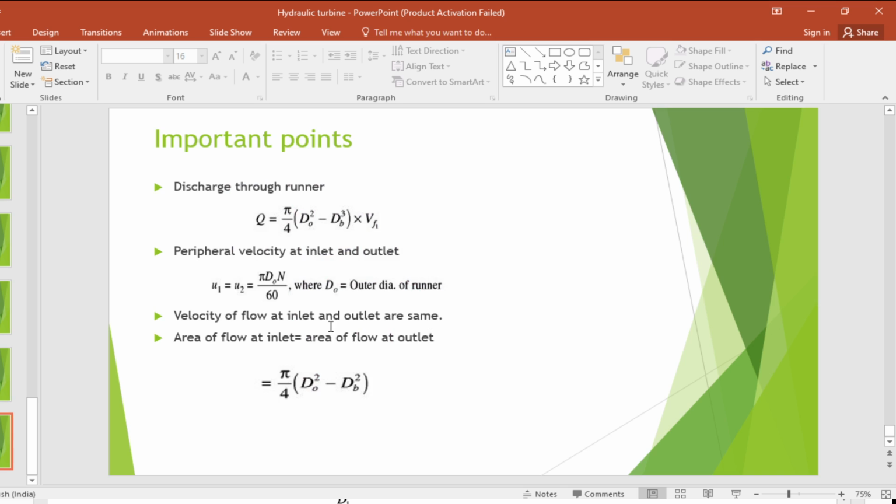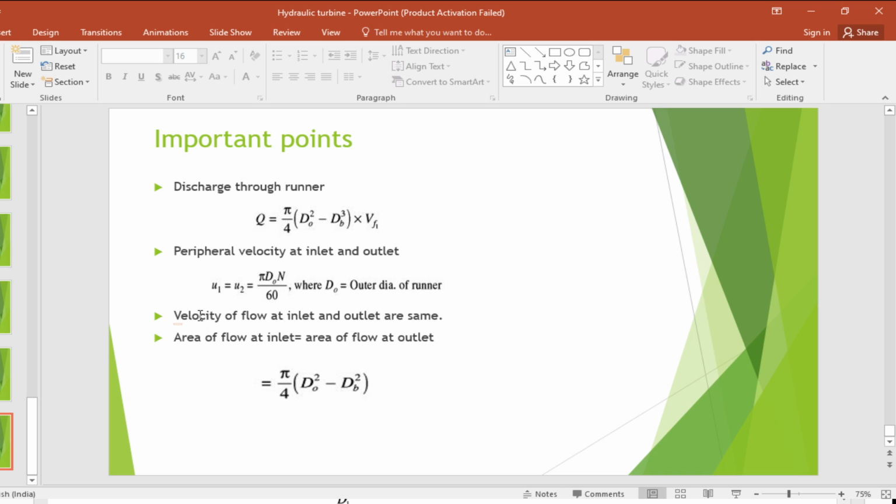Now secondly, the peripheral velocity at inlet and outlet can be found out by using u1 equals u2 equals pi D naught N divided by 60, in which D naught is the outer diameter of the runner and N is your speed, given in revolutions per minute.